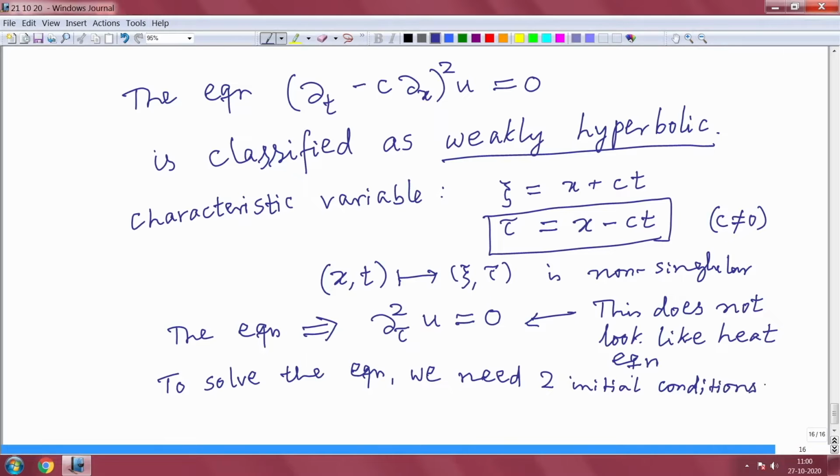So, for these two reasons, again I stress that this equation should not be classified as parabolic. It is classified as weakly hyperbolic.